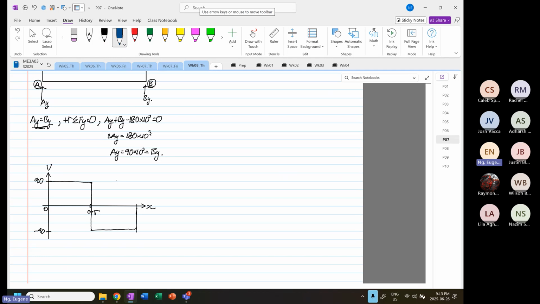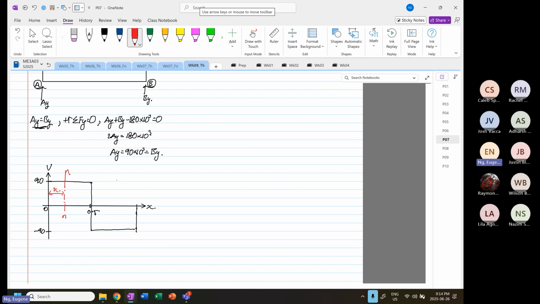So we know that they want to find at a distance NN. But unfortunately, we are not given X. But is it important? No, because the shear force in that region is equal to 90 times 10 to the power 3 Newton.